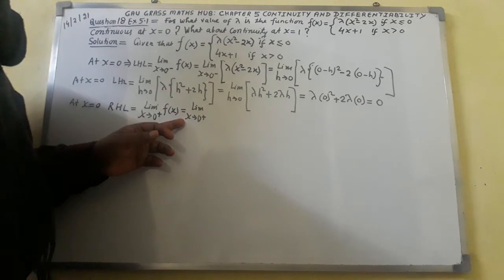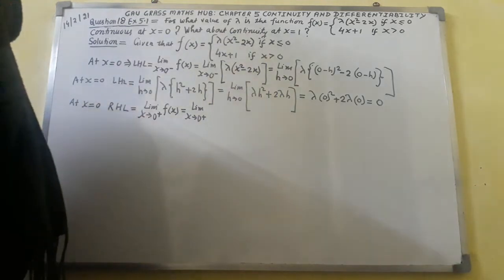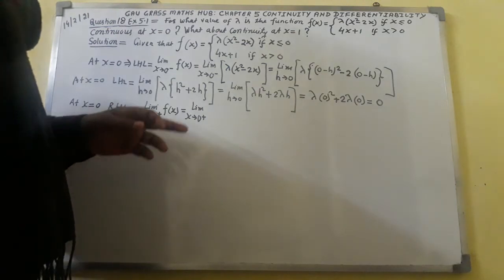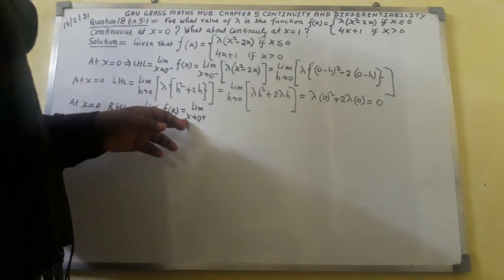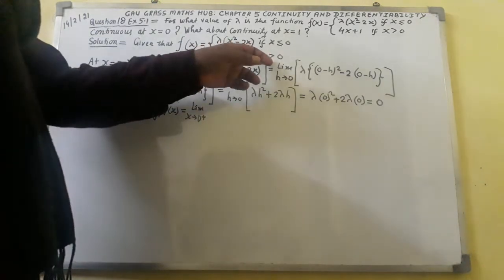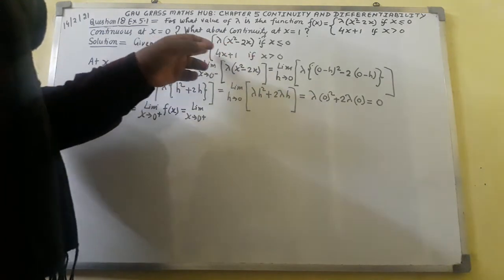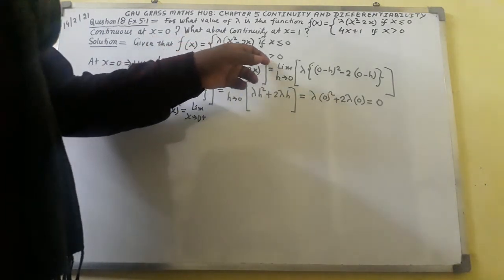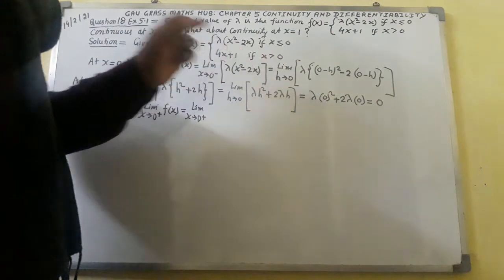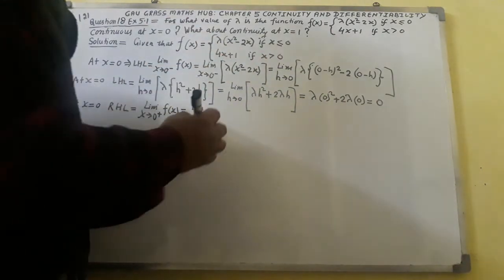This means that the value of x must be greater than 0. So we have to choose the function in which the value of x is greater than 0. Here in the second function, f of x equal to 4x plus 1, the value of x is greater than 0. So in place of f of x I shall write 4x plus 1.